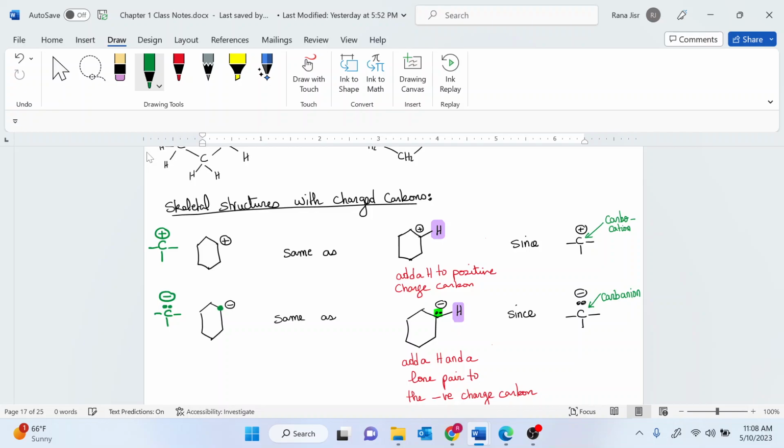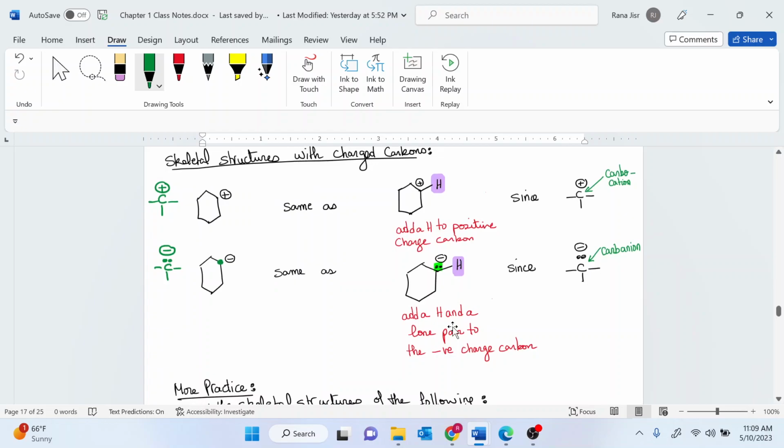So this over here is exactly the same as this structure. This is the skeletal structure for both, and this is exactly the same as the structure. In any type of representation of these structures, I always take out a hydrogen from the octet in order to place the charges, whether it's a positive or a negative in there.